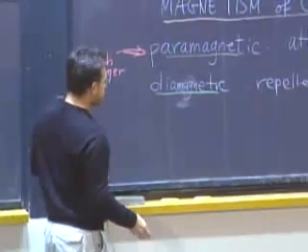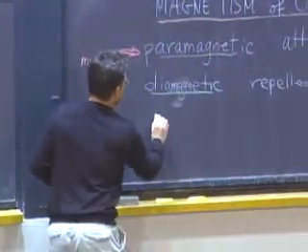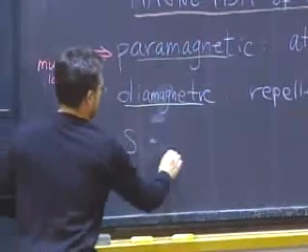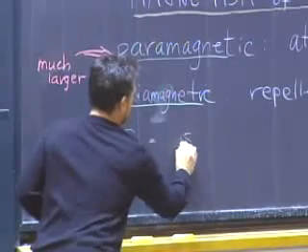And then I want to bring up this quantity S. This is the spin quantum number.